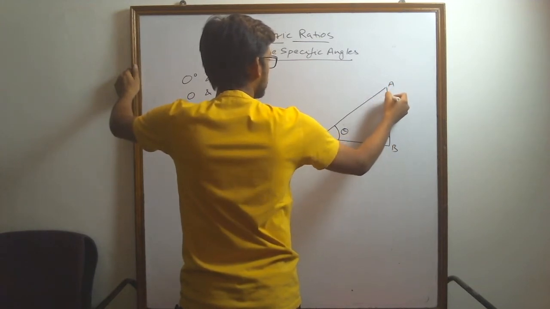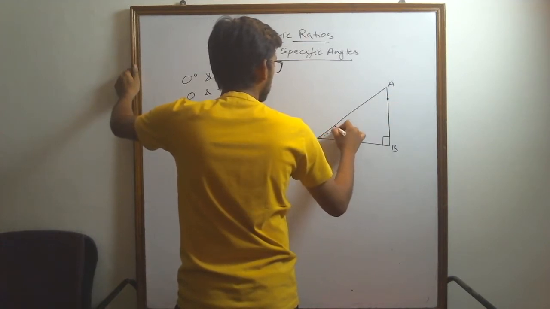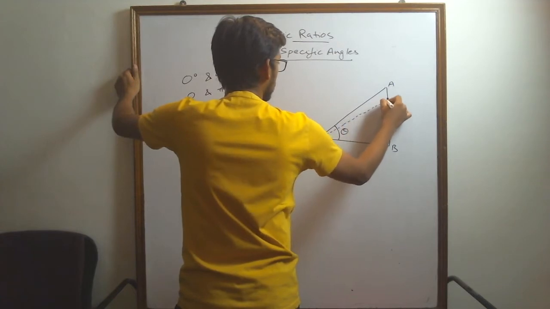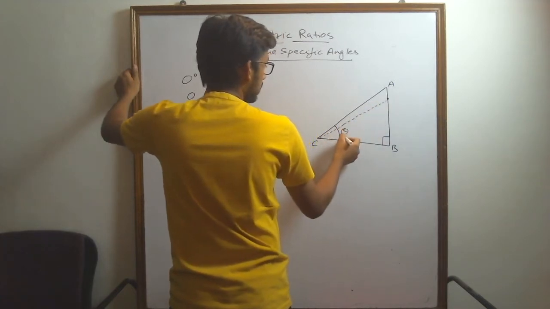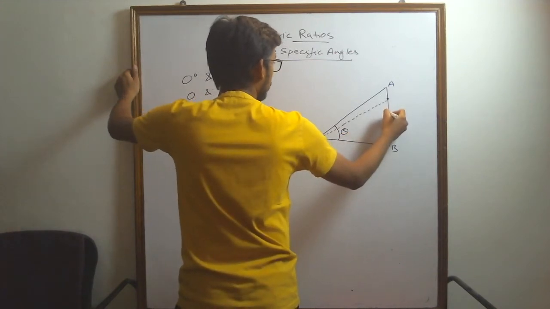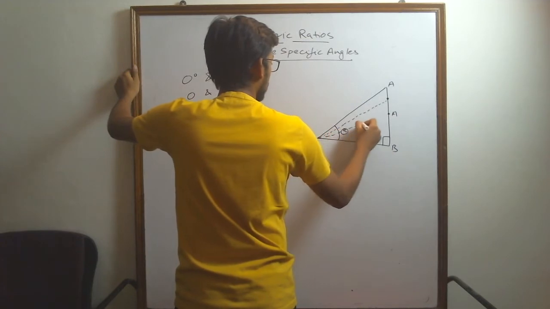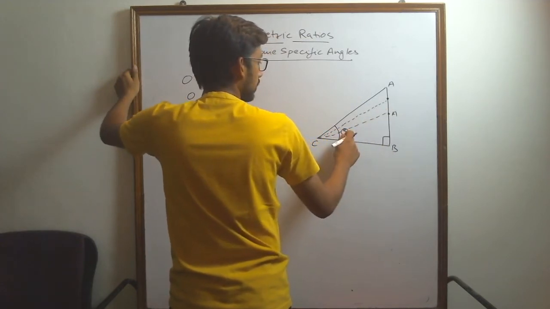Suppose I am taking A from there to this point and I am joining it to C like this. So this angle is reduced. Again I am moving A closer to B. Again this angle is smaller.